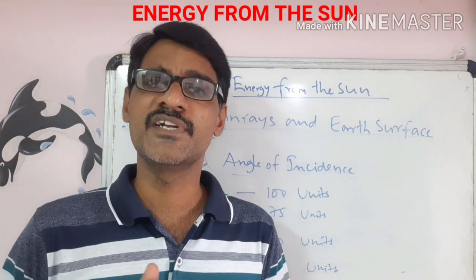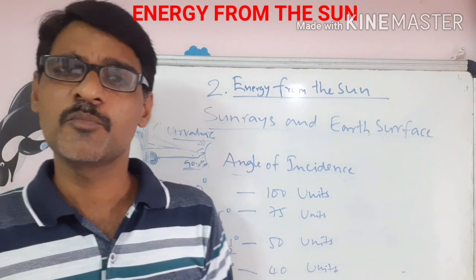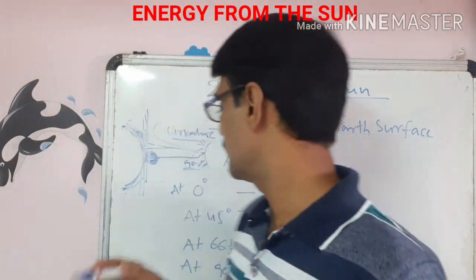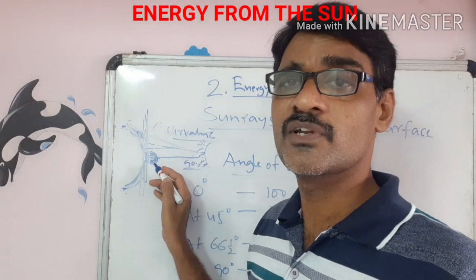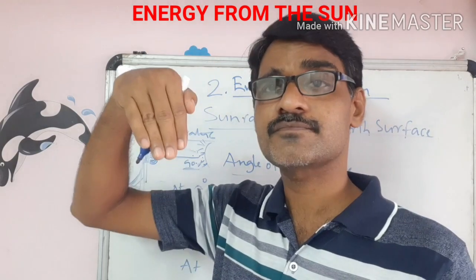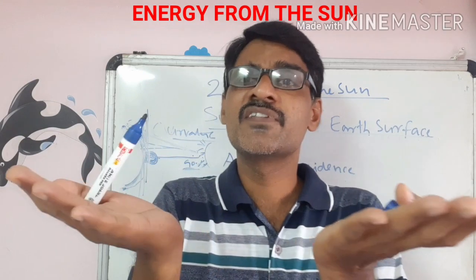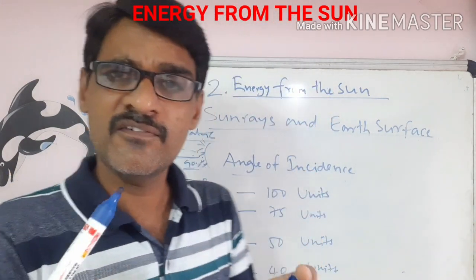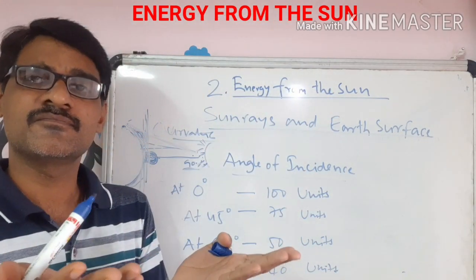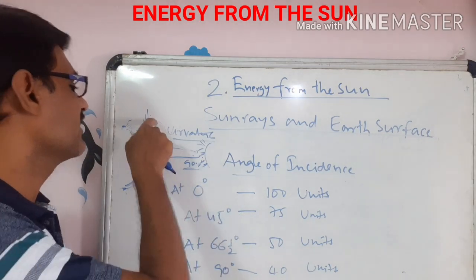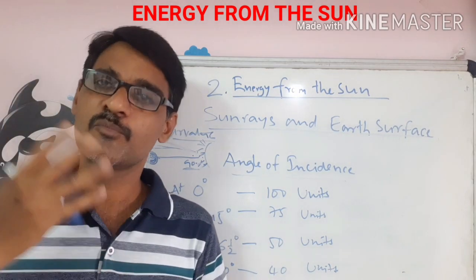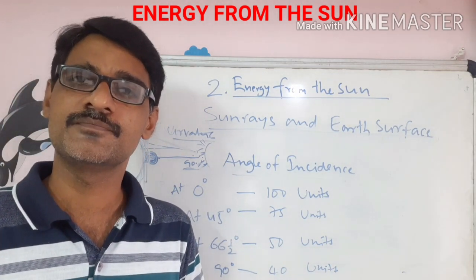For example, the sun rays are falling directly in the equatorial zone, and the spreading area of those rays is not much compared to the polar zones and other zones.